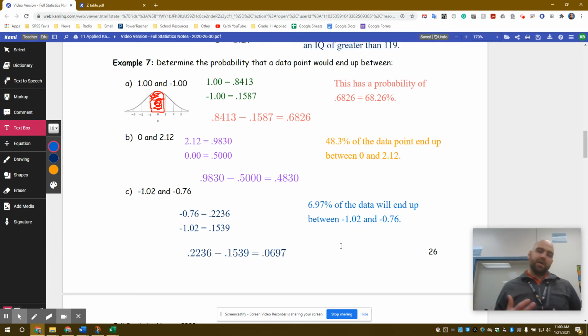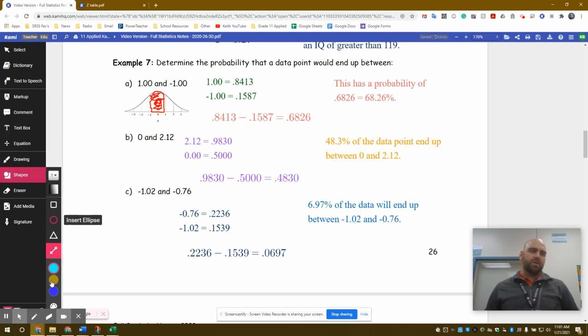Again, to find just to the left or the right, we just find our probability and use that as our answer. If we're trying to find in between, we have to find both probabilities and subtract to find that inner one. As a little bit of a recap, when we wanted to find one here, we were given two probabilities: the probability from 1 down, and this probability.